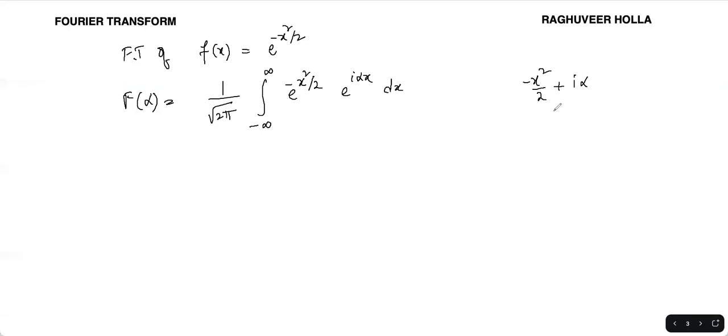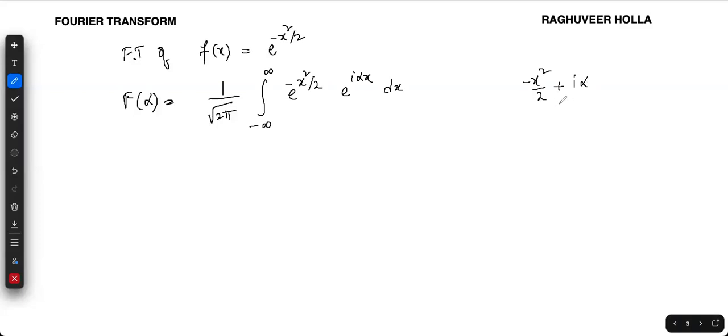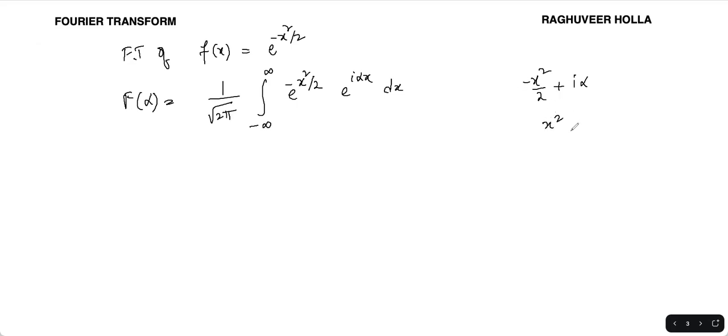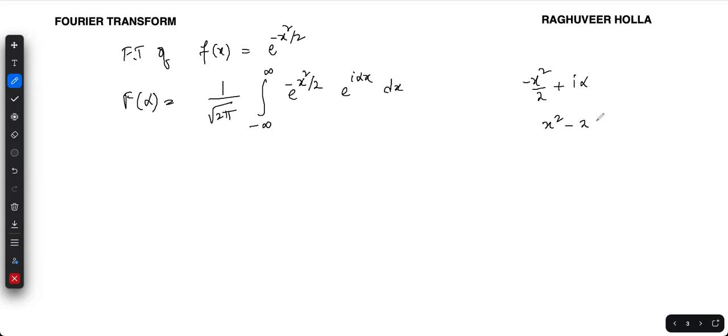Okay, so let us try to simplify this. I'll put this as x square, I'll keep that positive, minus 2 i alpha x.